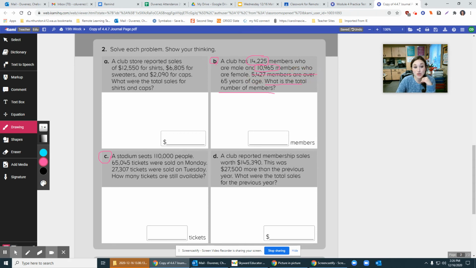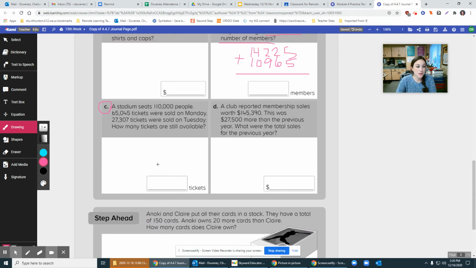That's just trying to trick you. You only need those 2. So what is the total? We know we add. So for this one, you would add 14,225 plus 10,965. I'm not going to go through the whole thing. The main mistake is students accidentally added all 3 numbers. This one was also a tricky one.